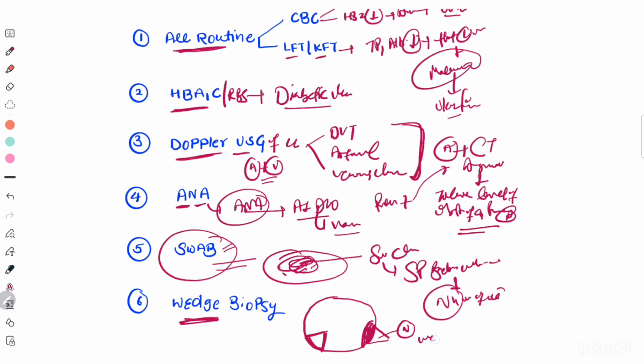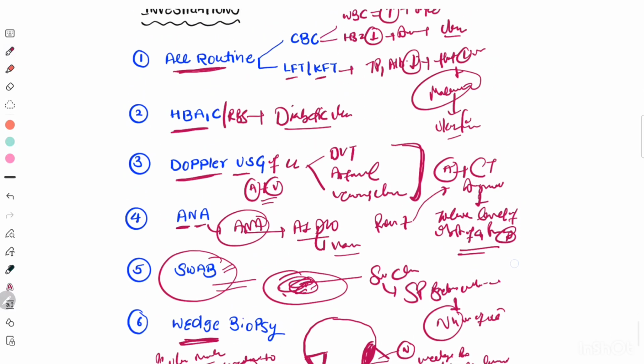The wedge biopsy should be sent for malignancy. When you suspect an ulcer is malignant, then you can send a wedge biopsy to confirm the diagnosis.